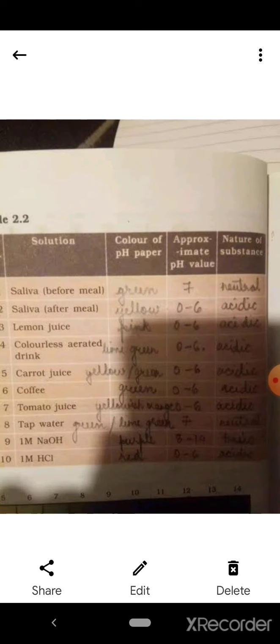The strength of acids and bases depends on the amount of H plus ions and OH minus ions produced respectively. So have you got it? If we take 1 molar of hydrochloric acid, then it is acidic in nature because it gives rise to more H plus ions and it is a strong acid.